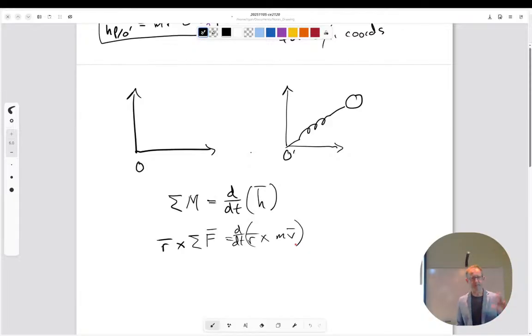There's a derivation we could do, but for the most part, R cross F is the change in R cross MV. If you're worried, there is an extra term in there, but it cancels out to 0. So that's what we're doing here.